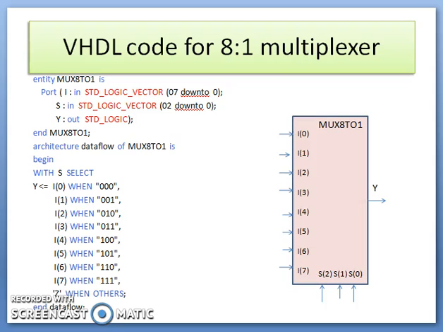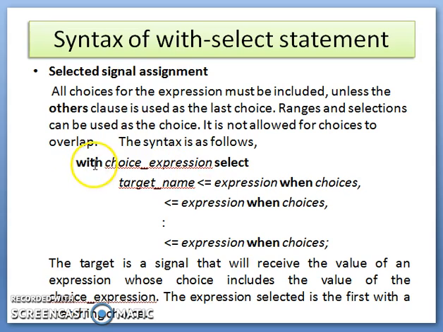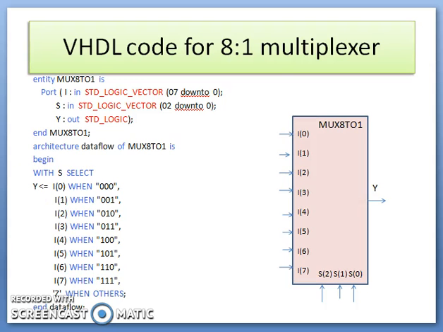According to the syntax of the with select statement, between with and select you have to write a choice, and that choice represents what you write after this when. What we have written here is S. This S represents these values.